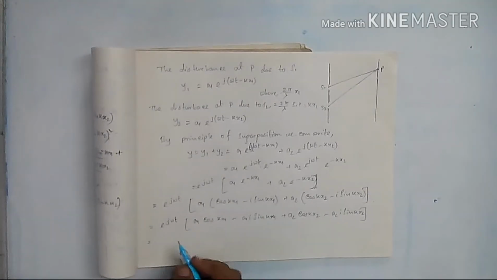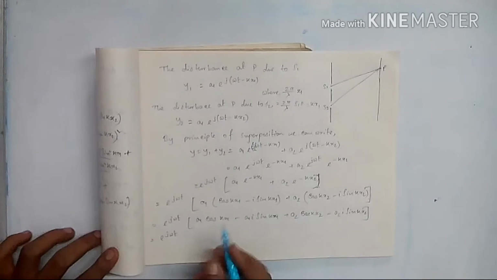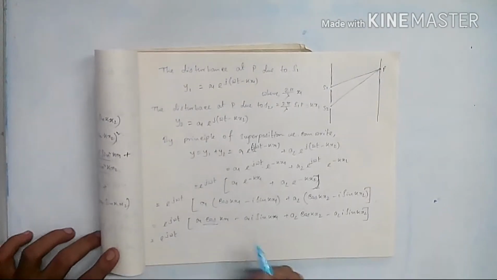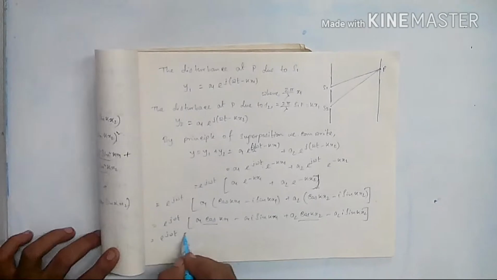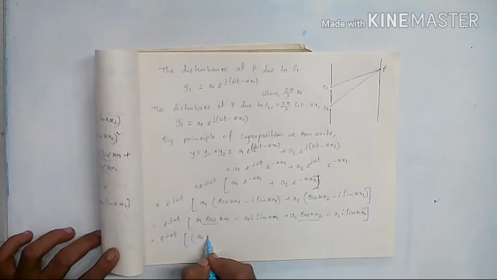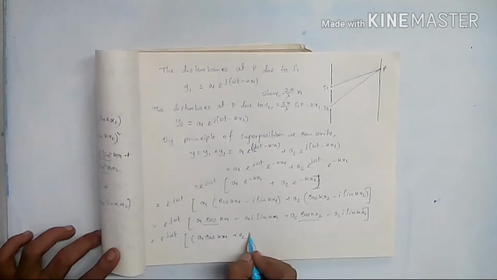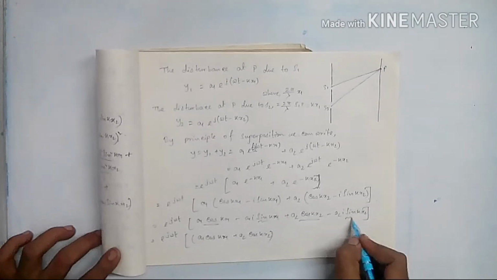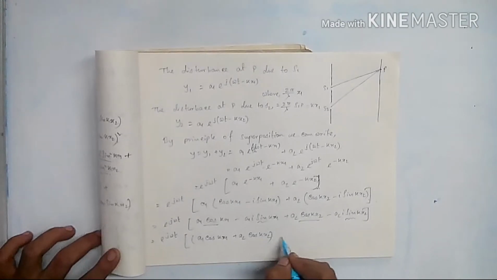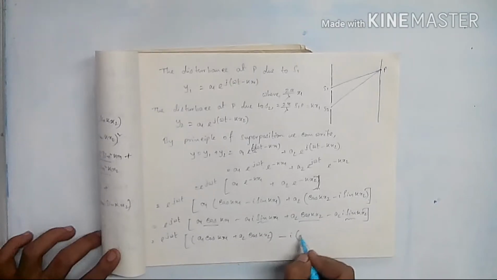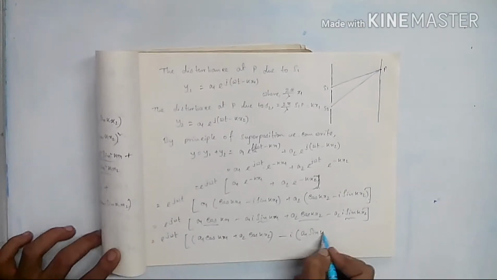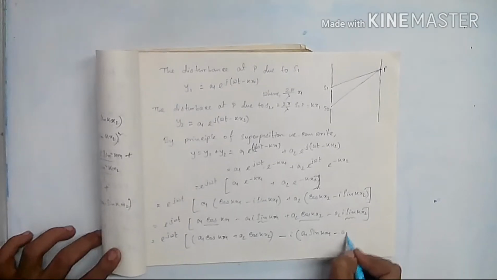Now this is the cos term and this is the cos term, so we can write A1 cos kx1 plus A2 cos kx2. And these are the sin terms, so we take minus and i common, and this is A1 sin kx1 plus A2 sin kx2.